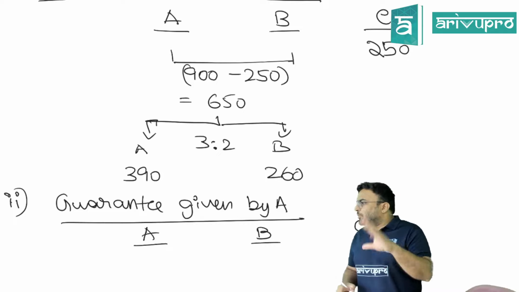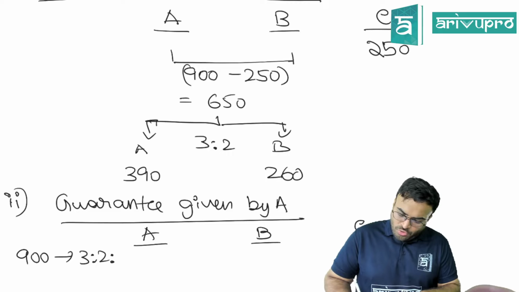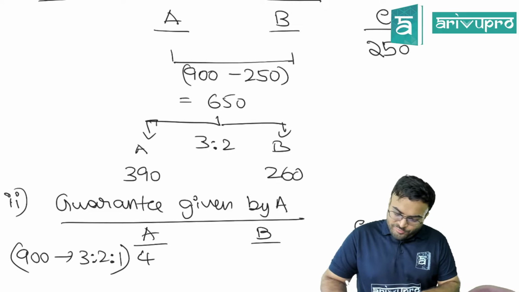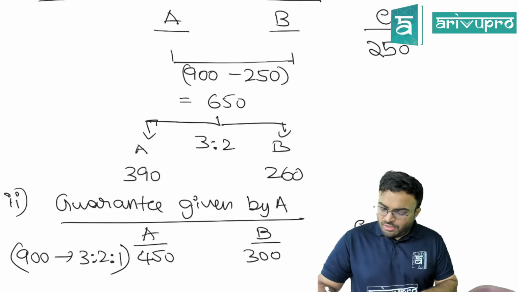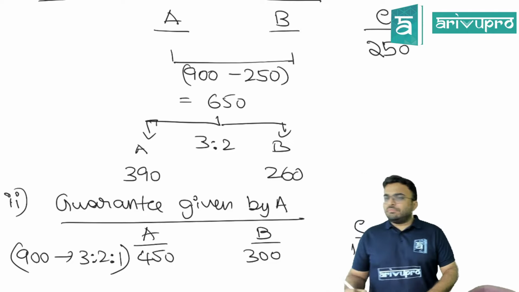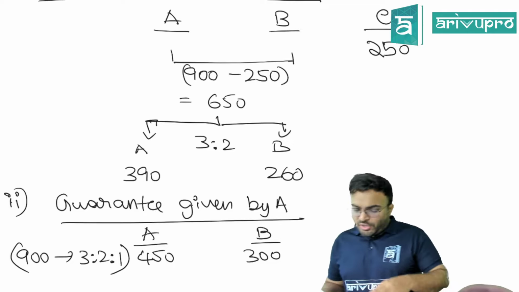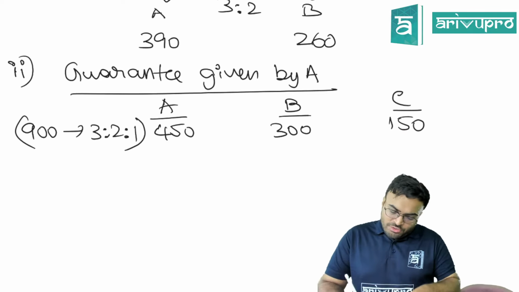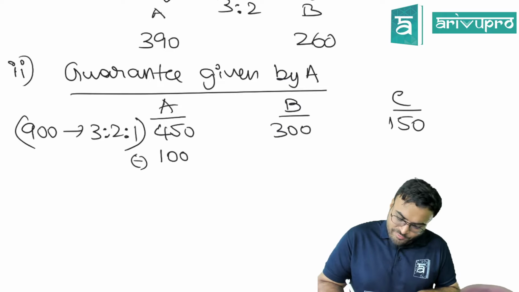We will just distribute the profit. 900 will be distributed in the ratio of 3:2:1. 450, 300 and 150. Can you see there is a shortage? Can you see the shortage for C? Who will give now? A will give. So minus 100 from A.